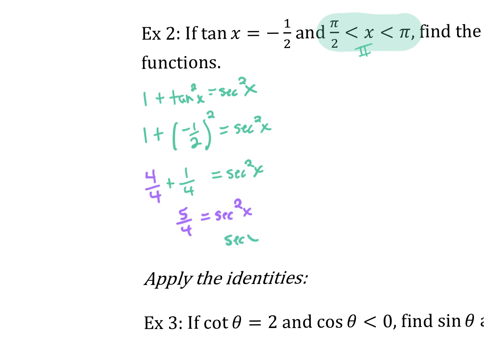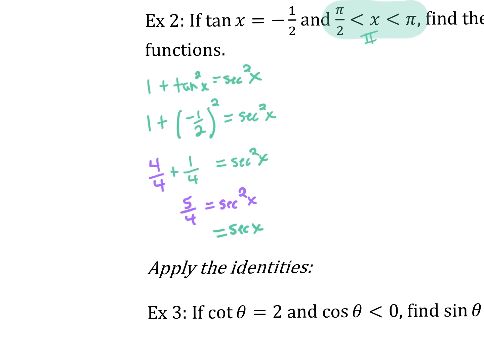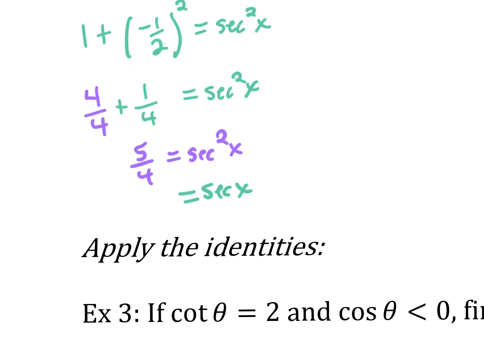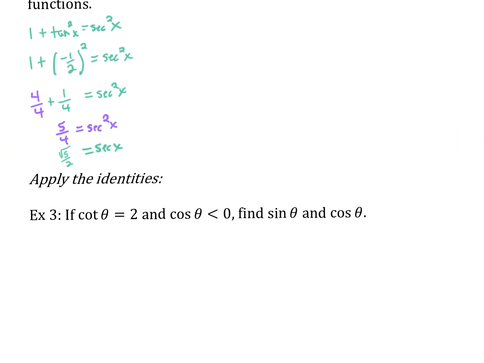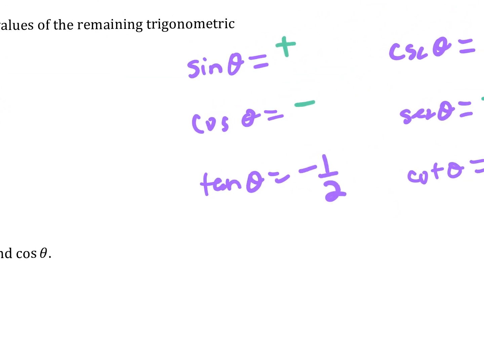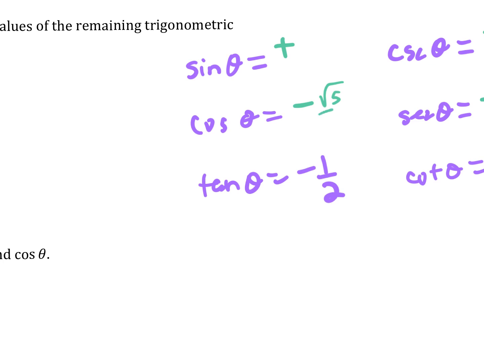We should be considering positive or negative, but if it's a secant and we're in quadrant 2, we already know the sign. What do we get here when we take the square root? Root 5/2, and we're in quadrant 2, so it'll be negative. So negative root 5/2.